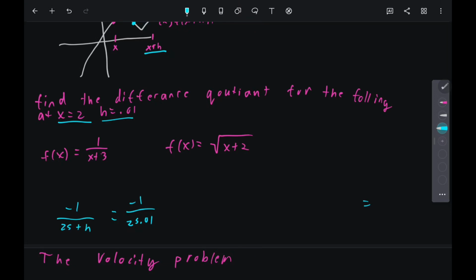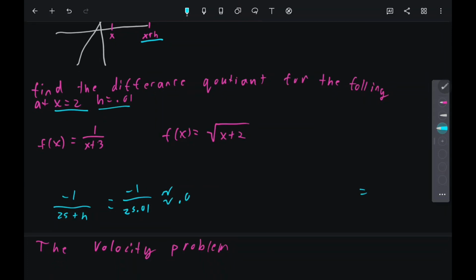We will get approximately negative 0.039. And that, my friends, is our answer for the first question.